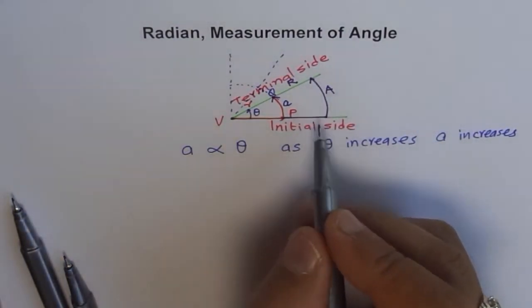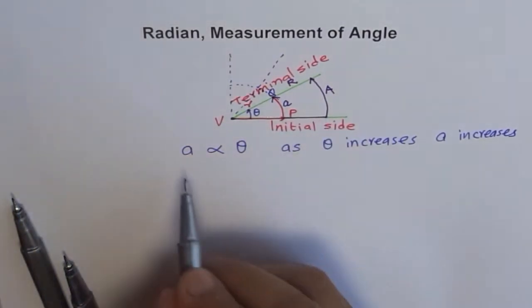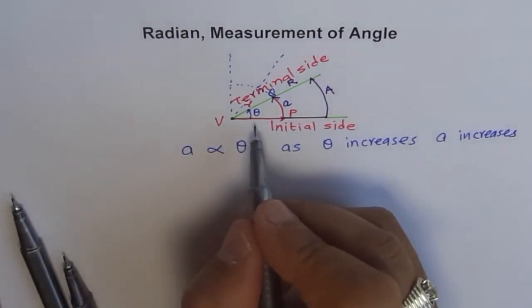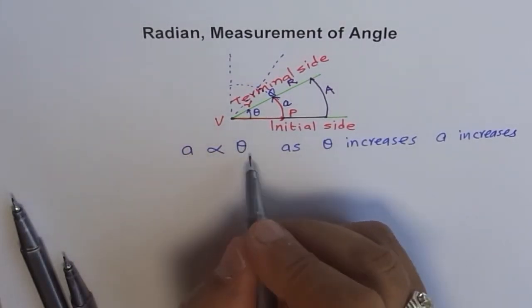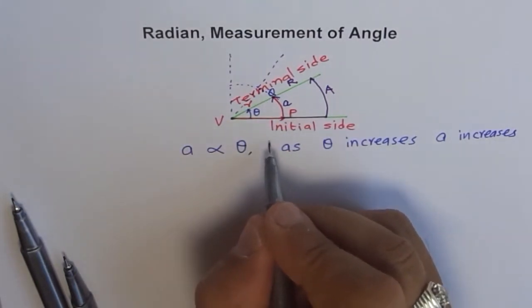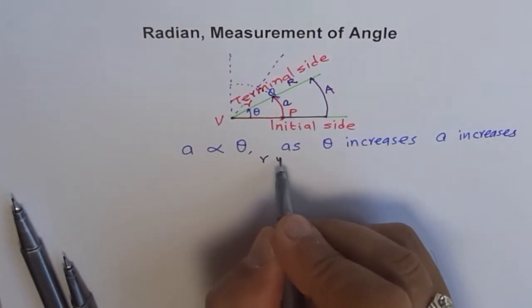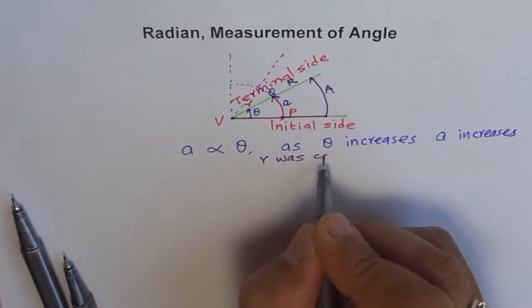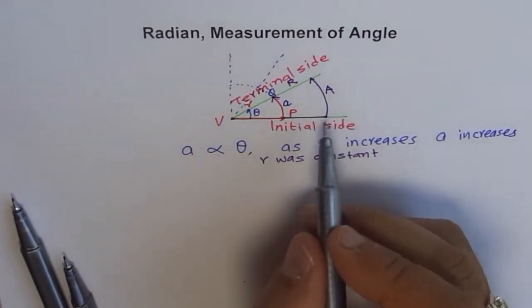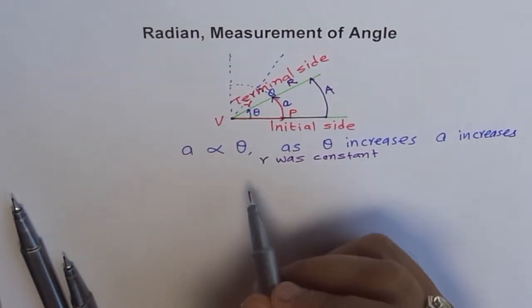What I'm trying to say here is, in the first case, if angle increases, arc increases, keeping radius r constant. Here at this time, my radius r was constant. Correct? Now this time, let us keep theta constant.